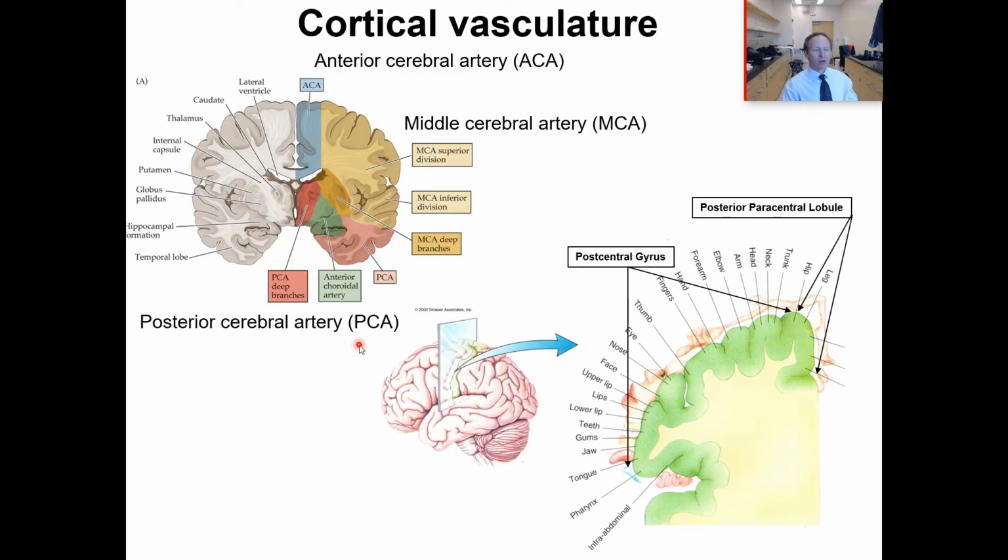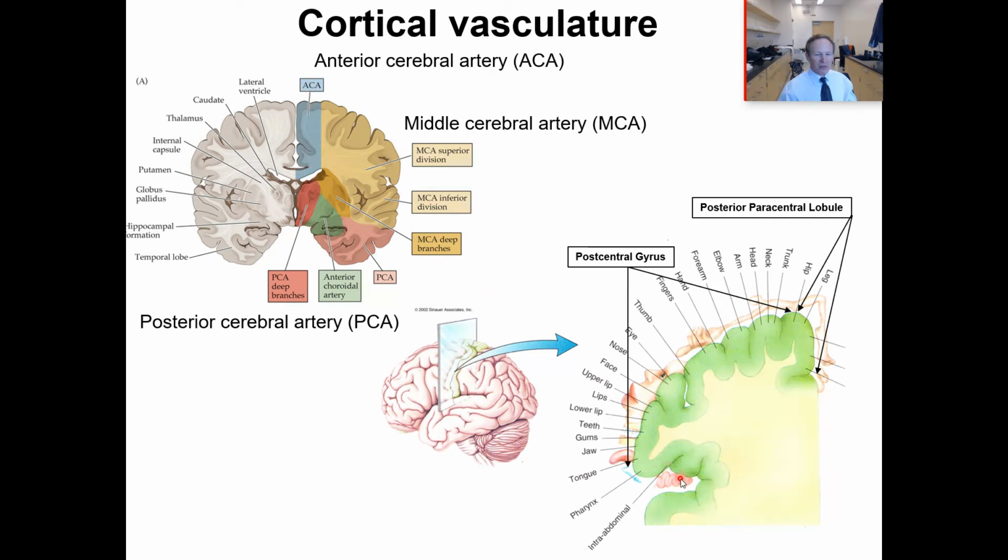Okay, now let's add another level of difficulty here. The somatosensory cortex here is supplied with blood by two arteries, the middle cerebral artery here and the anterior cerebral artery here.